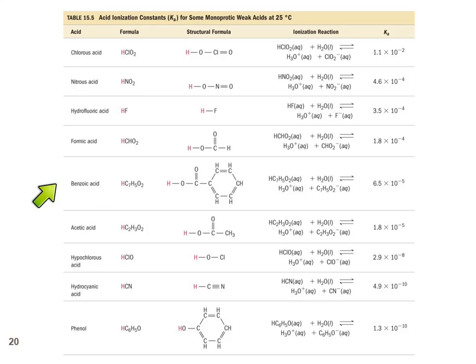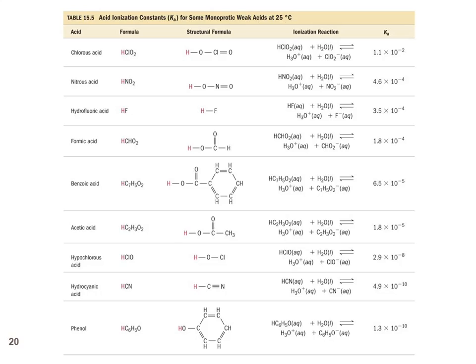And with some of them, like here, benzoic acid has 6 hydrogens, but only one of them is ionizable. The hydrogens attached to the carbons on the ring are not going to go anywhere. Only this hydrogen attached to this carboxyl group is going to go anywhere. And the same thing with acetic acid. So here's the equilibrium reaction for this, and here's the Ka.